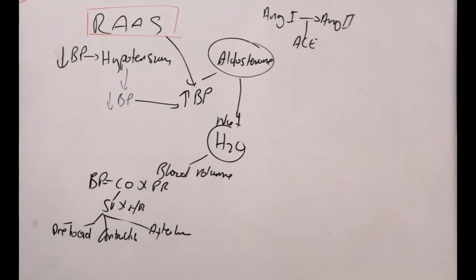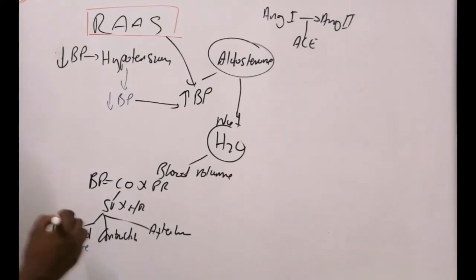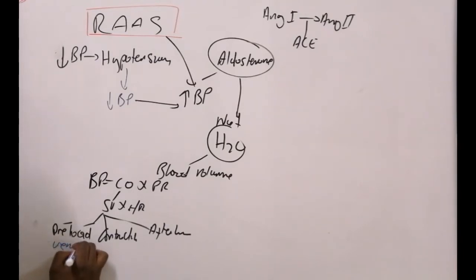Now, as we have said before, one of the determinants of preload is venous return. Venous return depends on the amount of blood that is in the circulation, and that is blood volume.